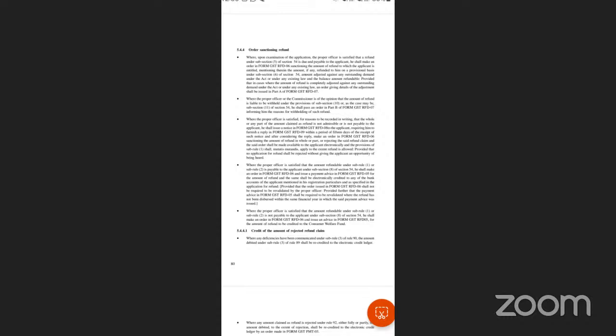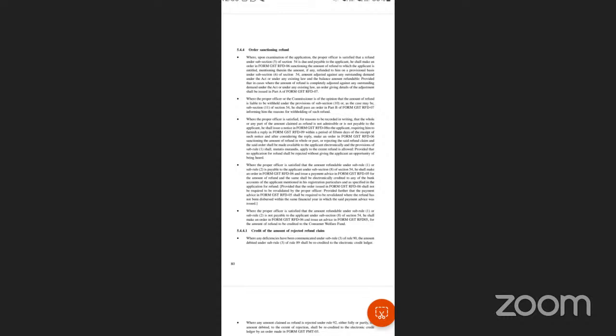In any case, the supplier is supposed to pay off the outstanding amount, and that will be adjusted by issuing this form GST RFD 07. And part B of the same form GST RFD 07 informs the applicant by the proper officer of the withholding of such refund.